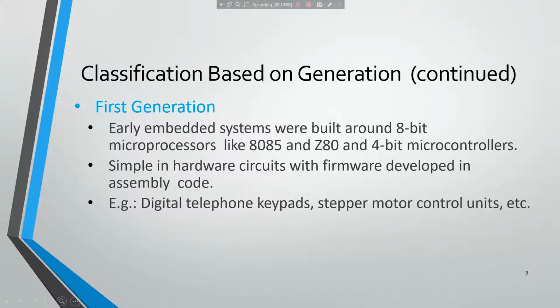In the first generation, early embedded systems were built around 8-bit microprocessors like the 8085 and Z80, and 4-bit microcontrollers. These are small embedded systems. They were used because of very simple hardware circuits, and the firmware development was done in assembly code.